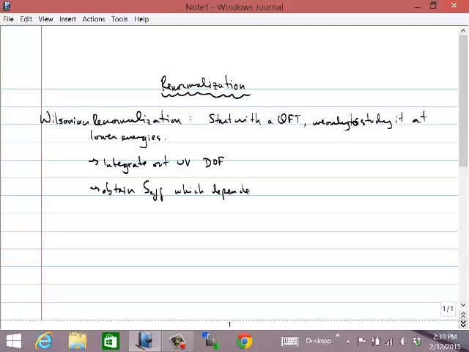which depends on a choice of scale. So, for example, if you decide to integrate out all of the ultraviolet degrees of freedom, say those with energy bigger than some scale m, then the effective action will depend on your choice of that renormalization scale m. In particular, it will depend on it in a continuous manner.